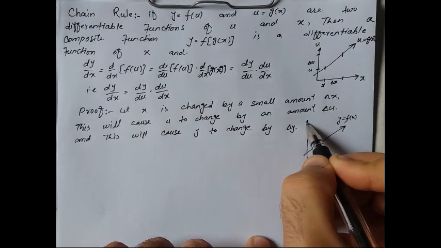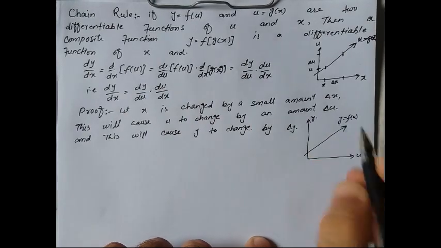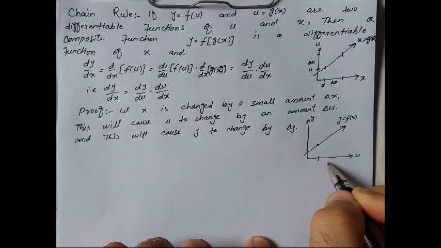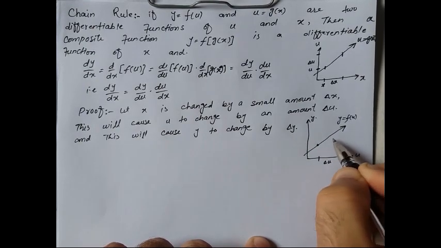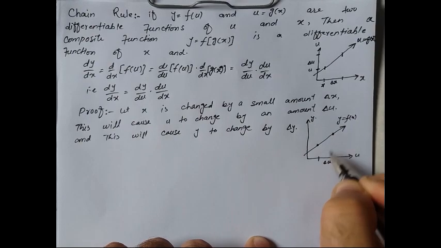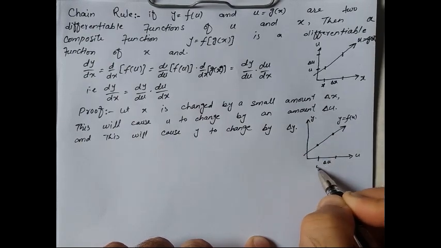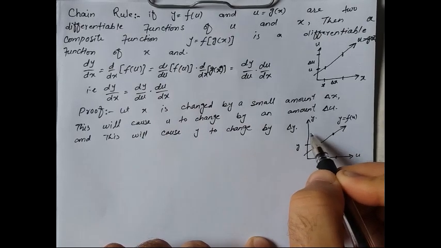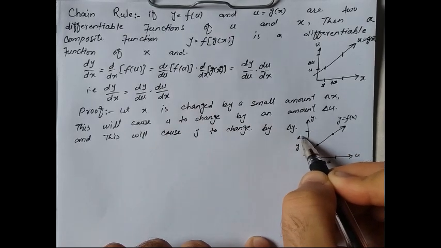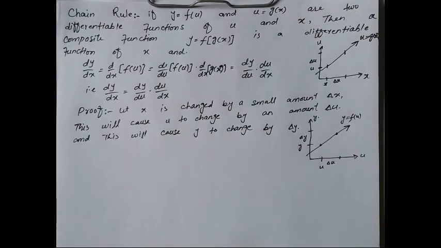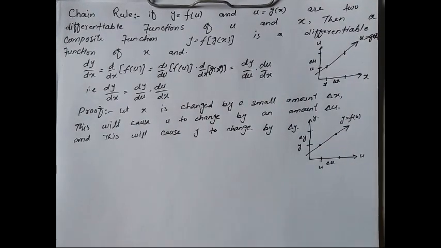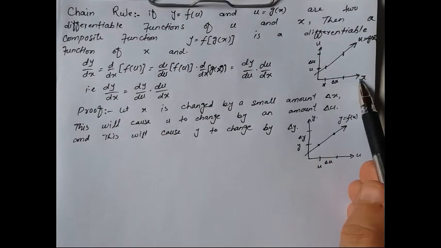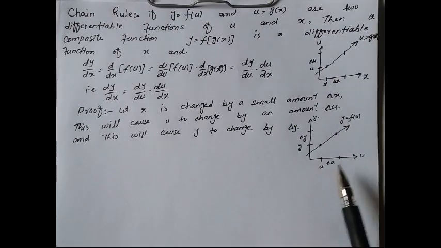If there is some change in u, that is delta u, then there must be some change in y, that is delta y. There is delta y, and this is delta y over delta x, and delta y by delta u.